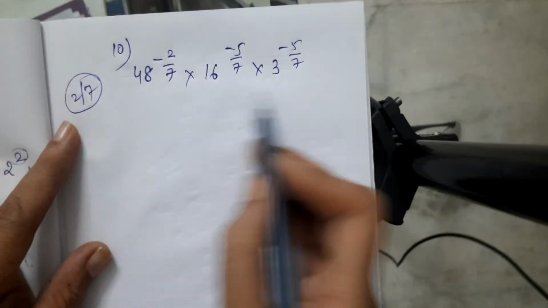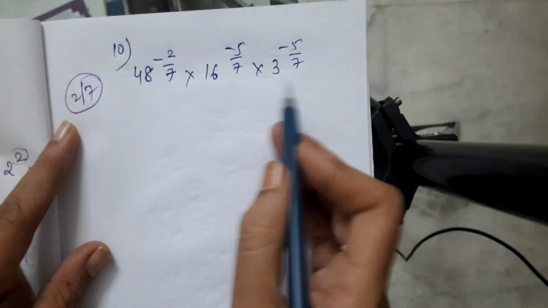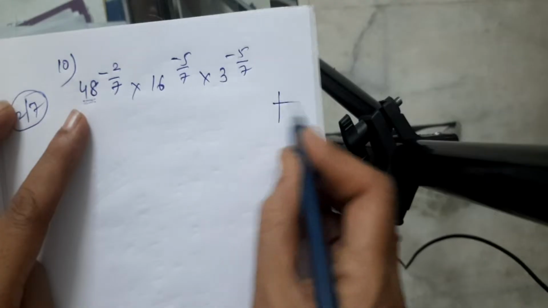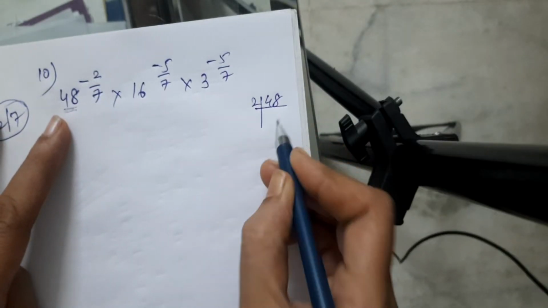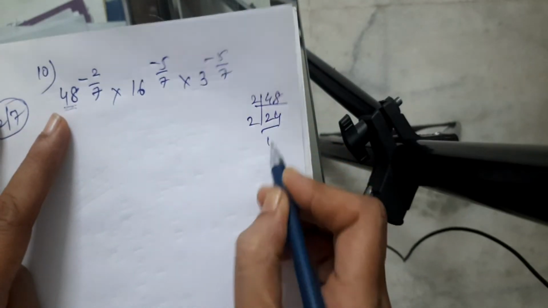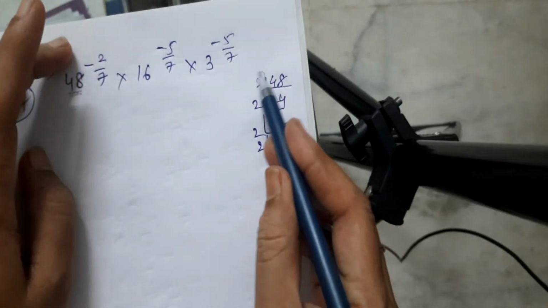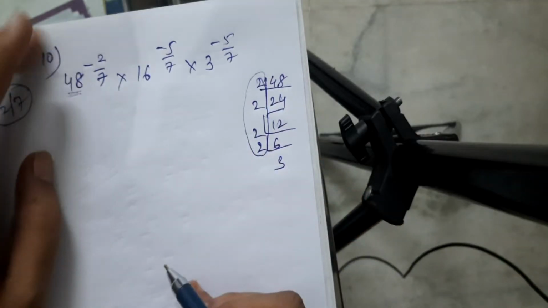So here the question is in this form. How are we going to solve it? Here 48 is there. First you need to find out the prime factors. 2 2s are 4, 2 4s are 8. So here we are getting 2, 4 times.